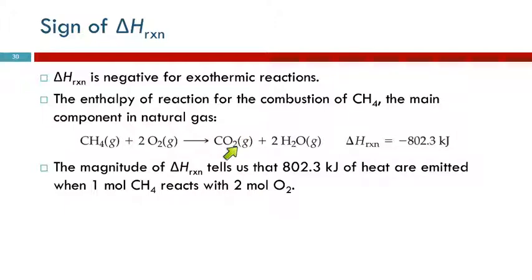When 1 mole of carbon dioxide is formed in this chemical reaction, this amount of energy is released. When 2 moles of water is formed, this amount of energy is released. So this becomes yet another conversion factor, where we can relate amount of energy to molar amounts of reactants or products.